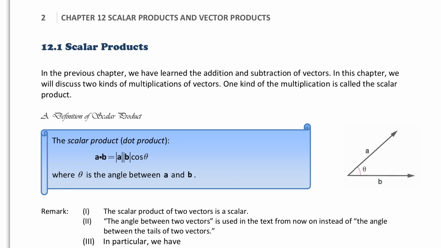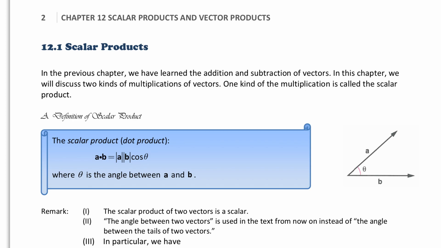A dot B means we use the magnitude of A times the magnitude of B times cosine theta. This angle must be the angle between vectors A and B.